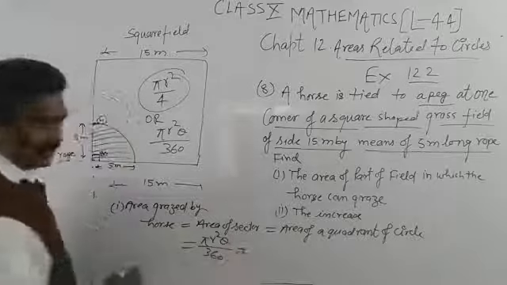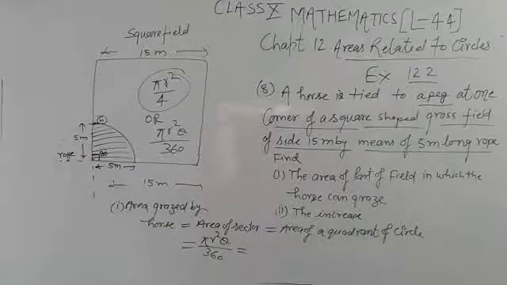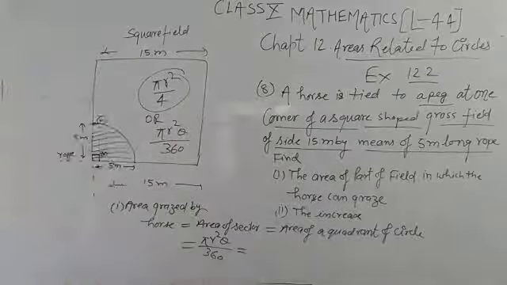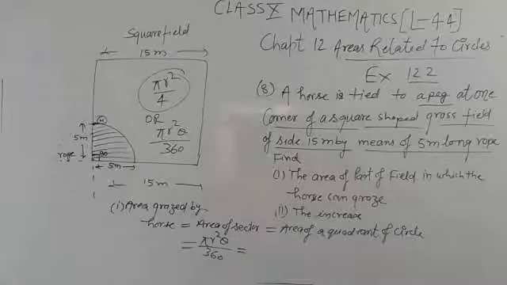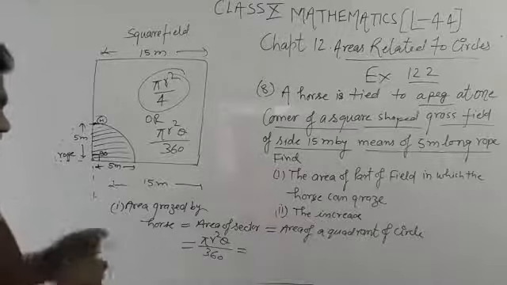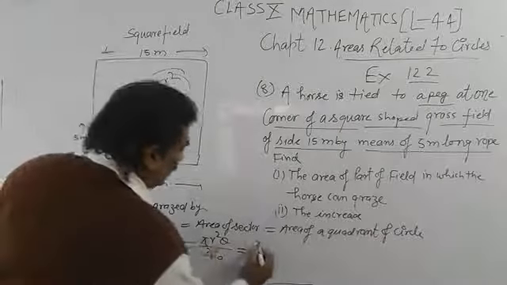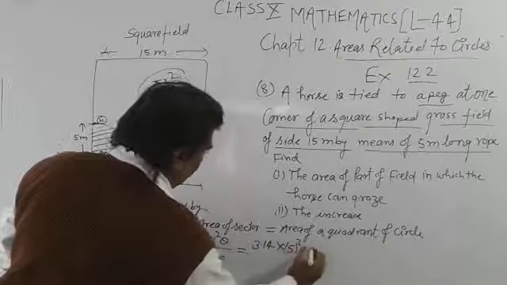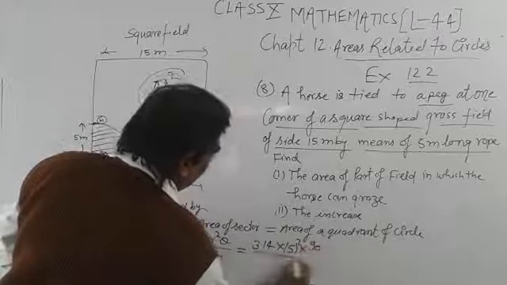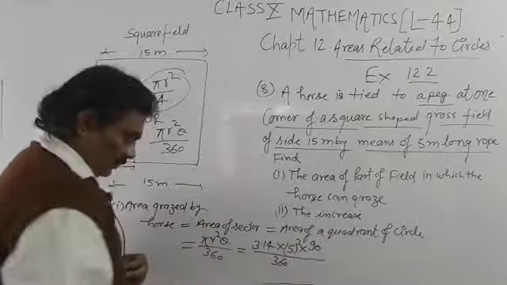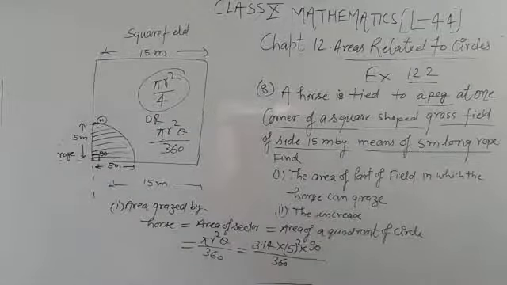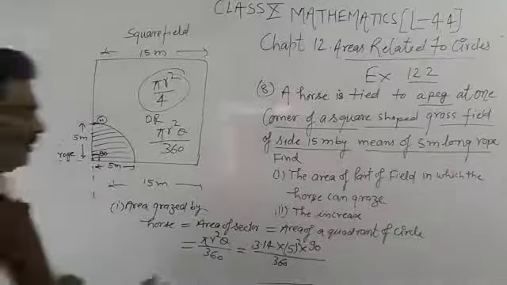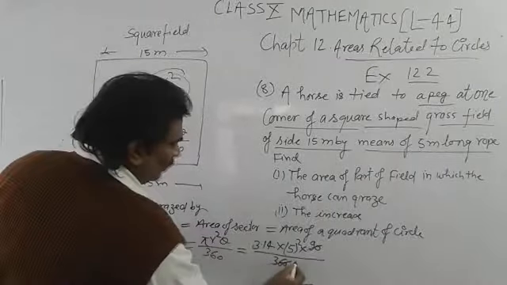Now, putting the values, the value of pi is given here, 3.14, radius is 5 square multiplied by theta, that is 90 upon 360. Now students, we have to solve it. 90 by 360 is 1/4.